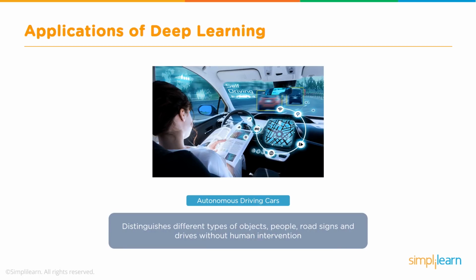And autonomous cars, you must be familiar with Google's self-driving car, and today a lot of automotive companies are investing in this space, and deep learning is a core component of autonomous cars. The cars are trained to recognize, for example, the road, the lane markings on the road, signals, any objects in front, any obstruction, and so on and so forth. So all this involves deep learning. That's another major application.